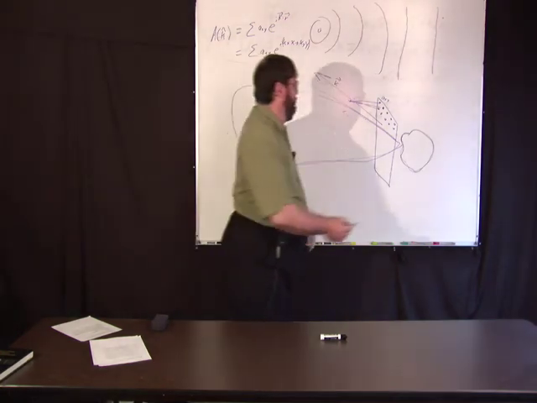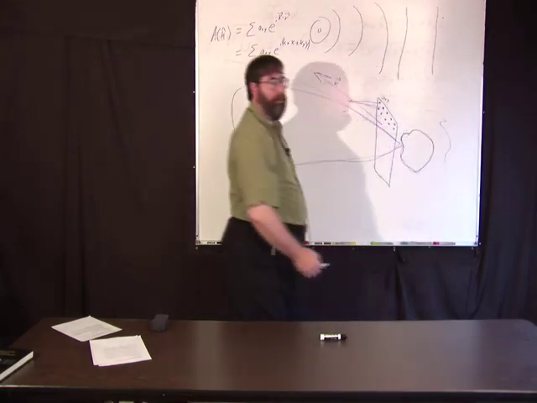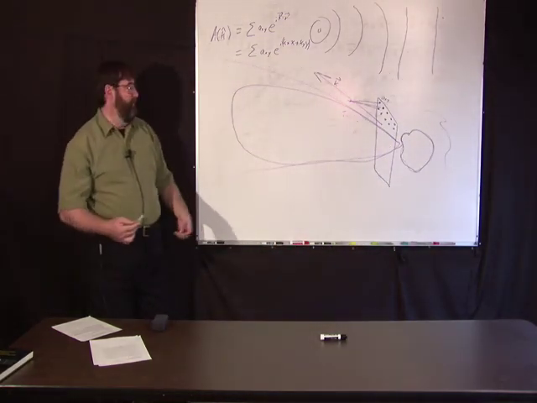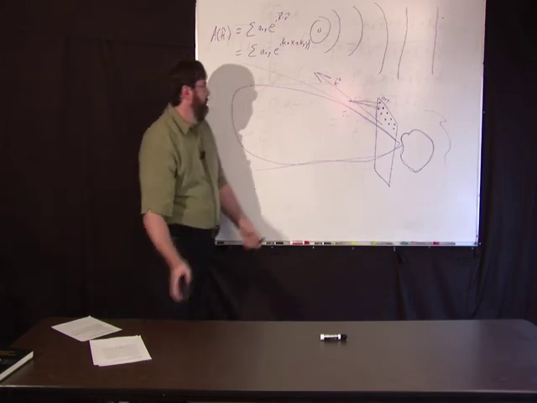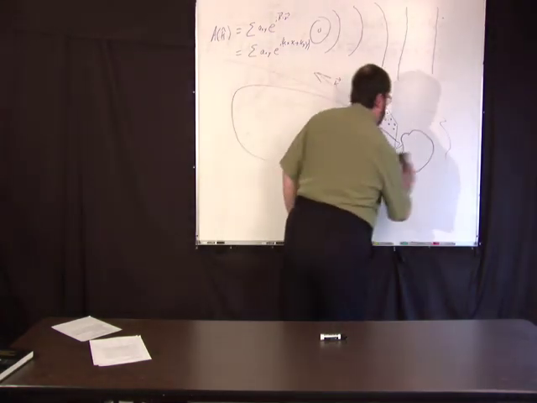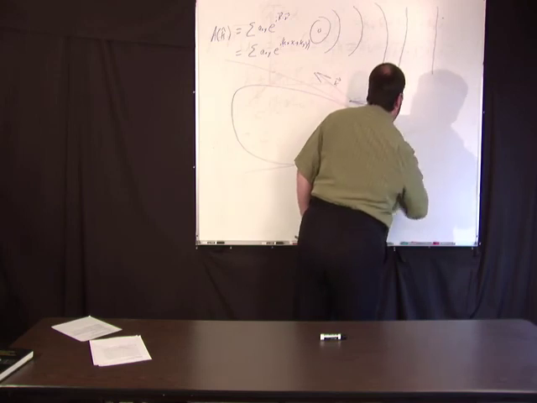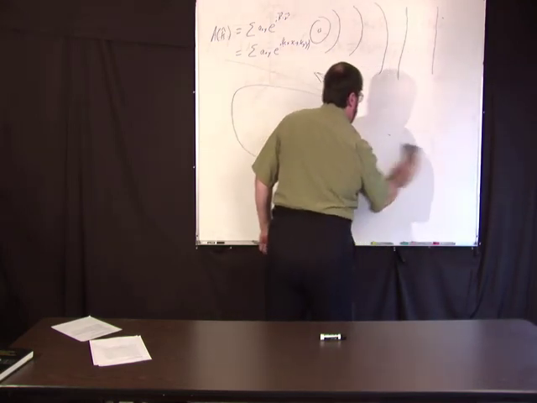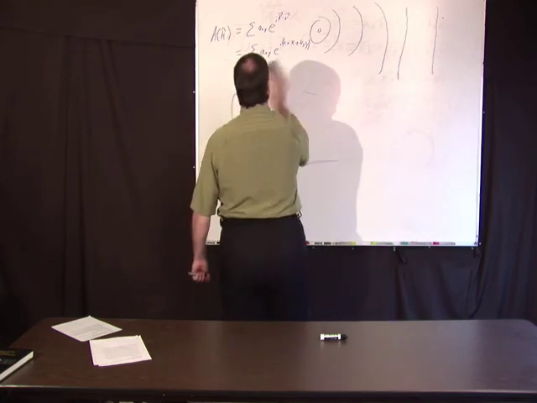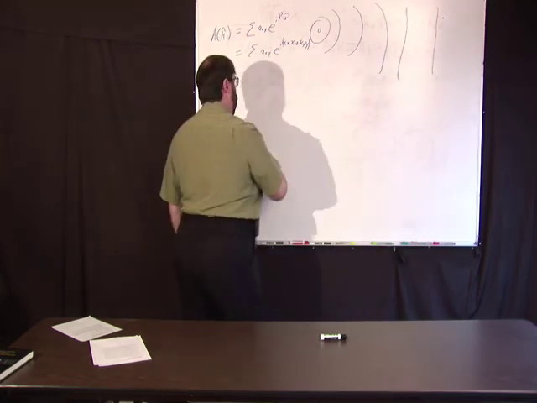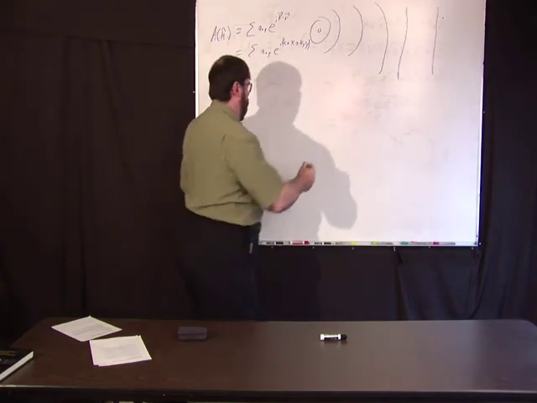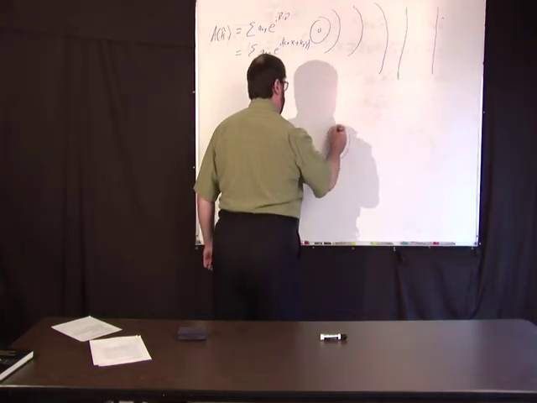If you did the same thing back here on the backside, you get completely the wrong answer. And there's a reason for that, which we'll talk about maybe next week. But if you wanted the field in the backside, there's another way you could do it. Let's say something did radiate in all directions. Well, one way you could do it is, you have your object in the center here.